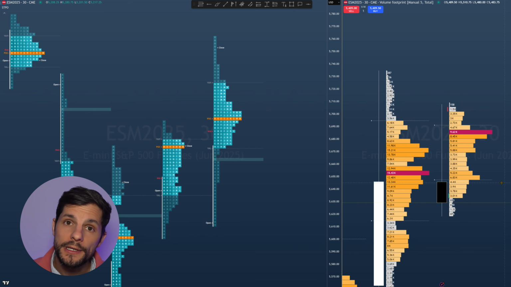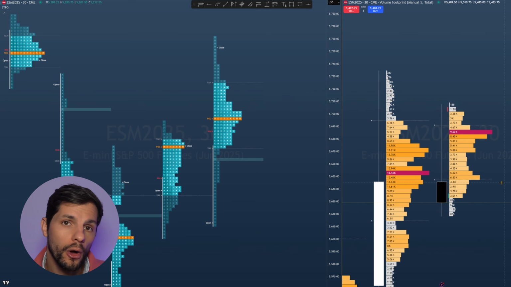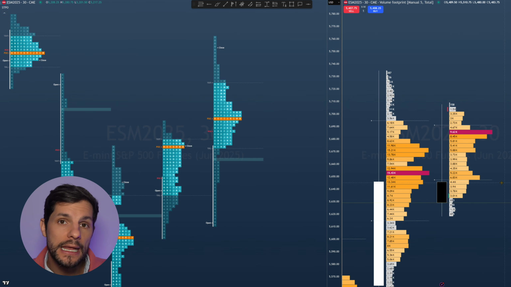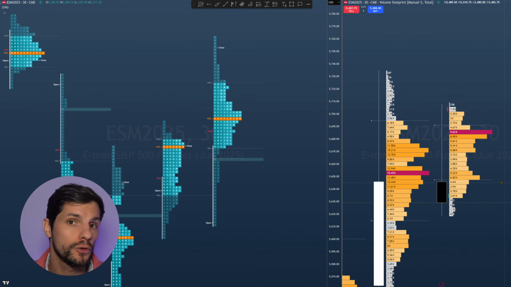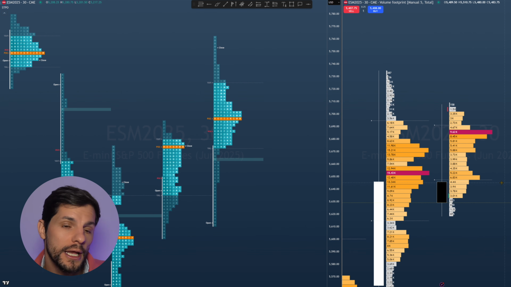One of the secrets that I figured out is that if you only look at the market profile along with the current, this is key, the current 30-minute auction, that's when you can really get into the rhythm of the market to pinpoint your entries or even exits for your trades, because you can see the current auction in progress.